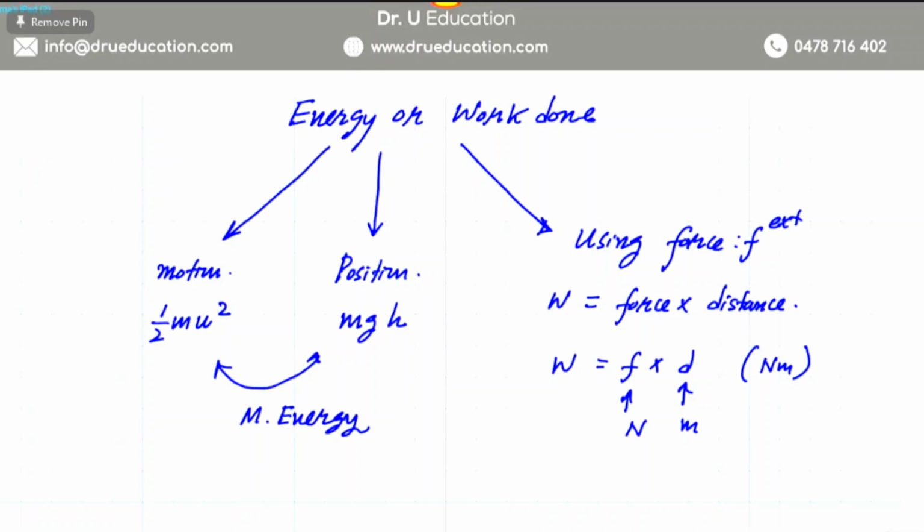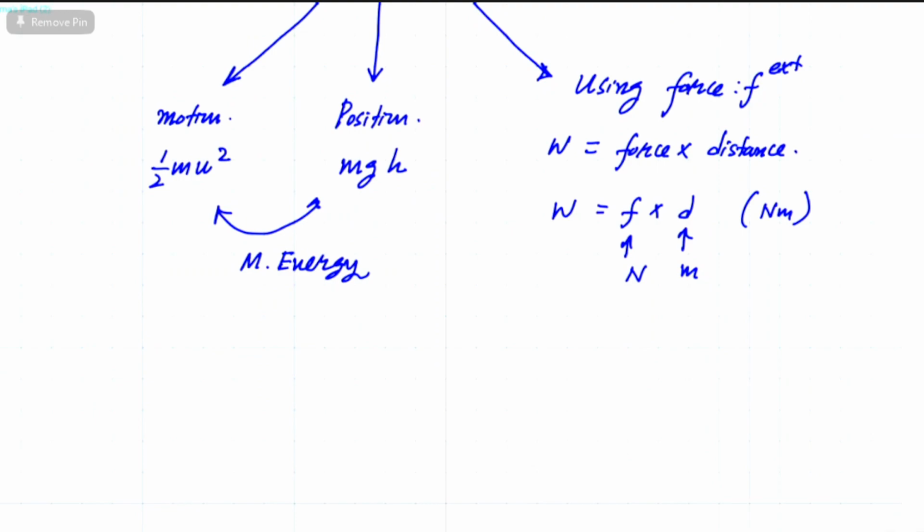So the work done or energy is measured by joule as well as Newton meter. So we know that 1 Newton meter is equal to 1 joule, right? 1 Newton meter is 1 joule.